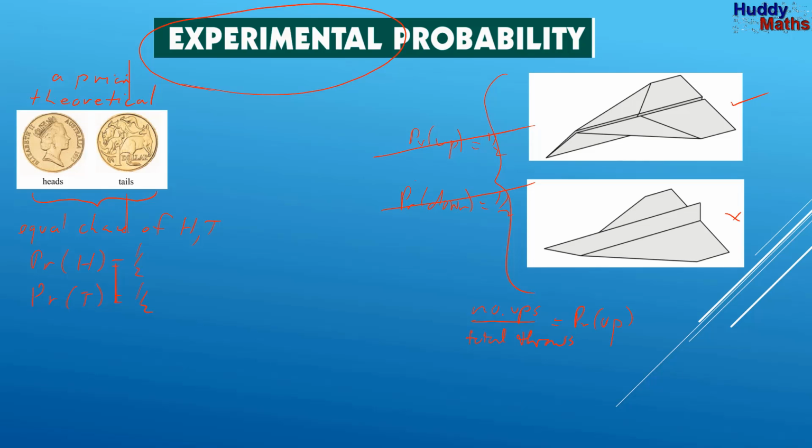Experimentally, we'd do it and check it out. So we're going to have a little look at that now, for those situations where you don't have the definite idea that it'll be equal chances, so you can't work it out in theory. All right, are you ready?